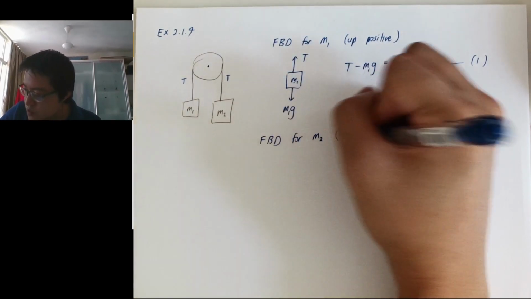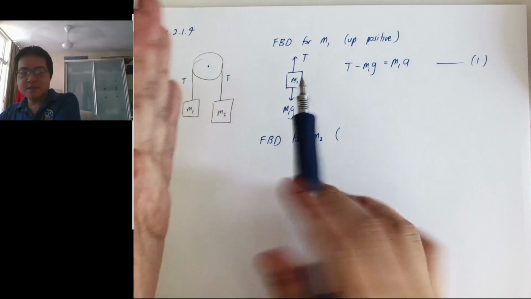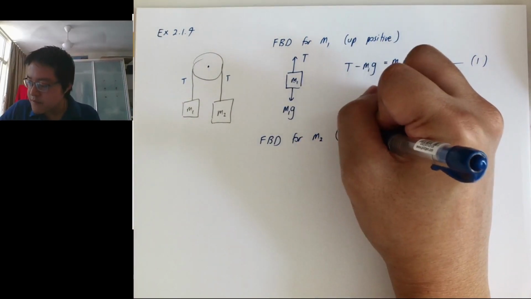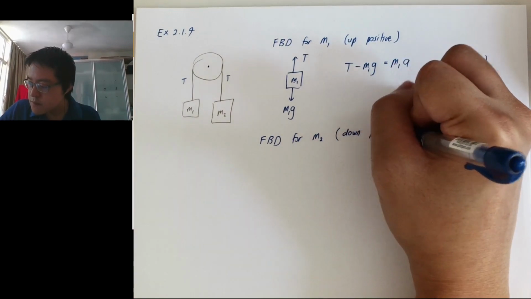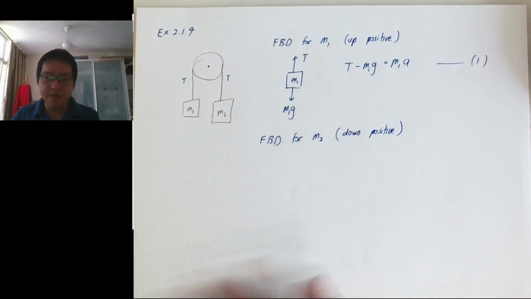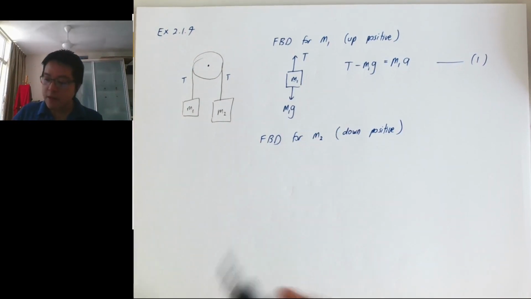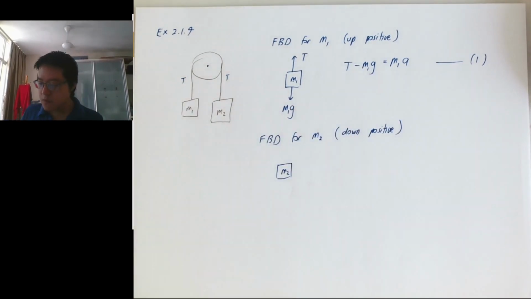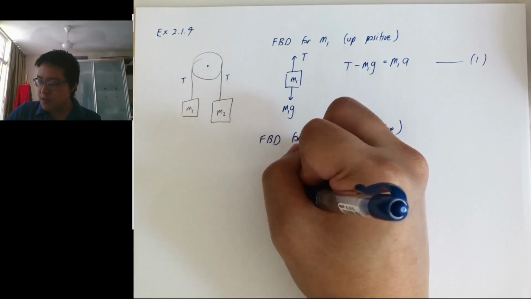Secondly, the free body diagram for M2. Since I want a consistent picture, I'll take downwards as positive for this one. You can also take up as positive as long as you follow everything correctly. Now let's draw the forces on M2.